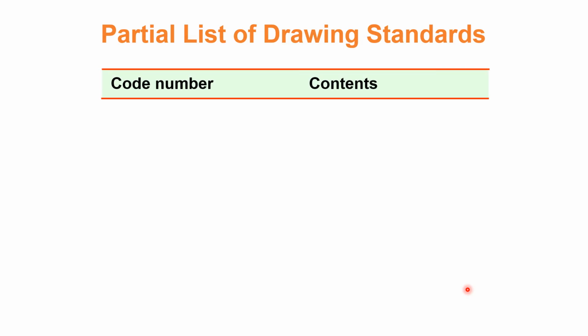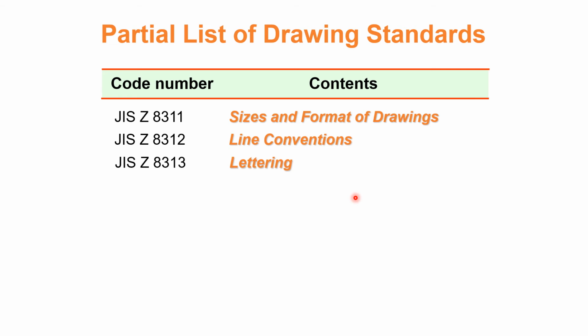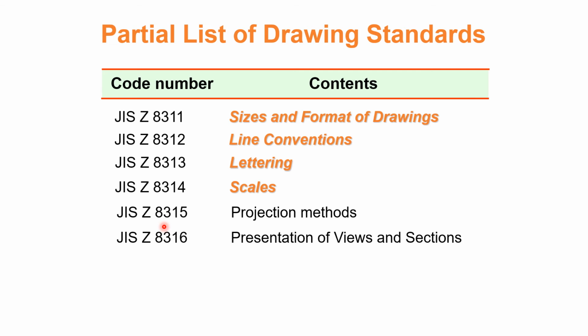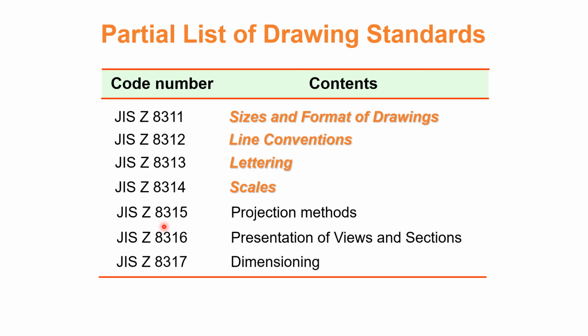For example, one Japanese standard I have shown in the slides is JIS Z8311. Under this code, the number, sizes and format of drawing, line convention, lettering, scaling, projection methods, presentation of views and sections, and dimensioning are shown.